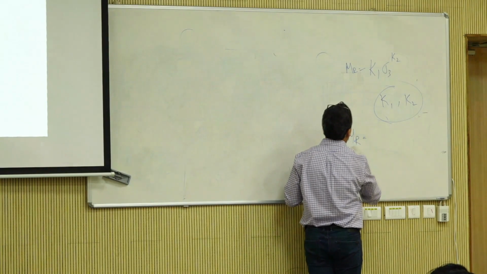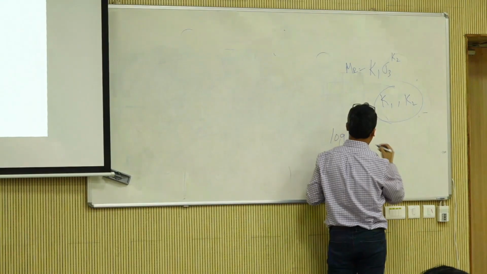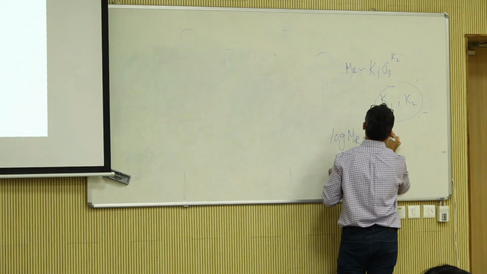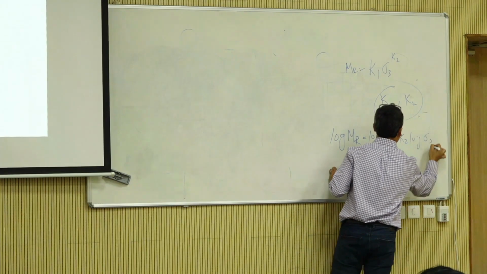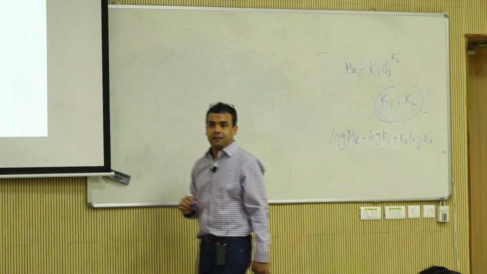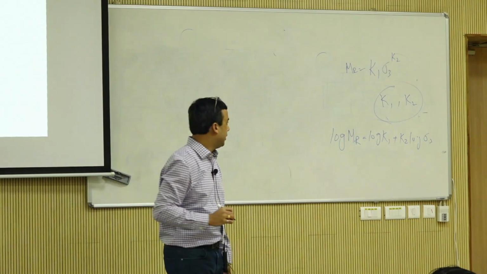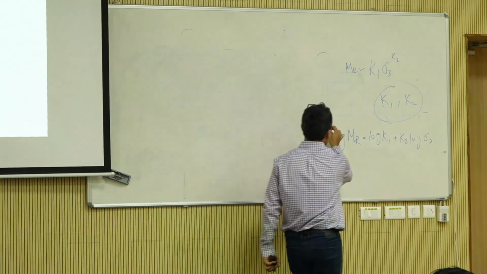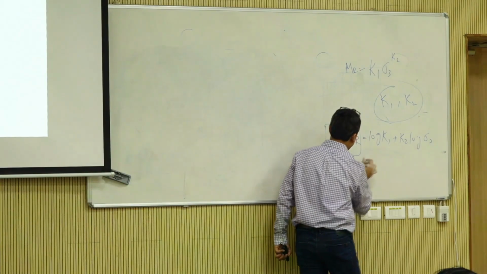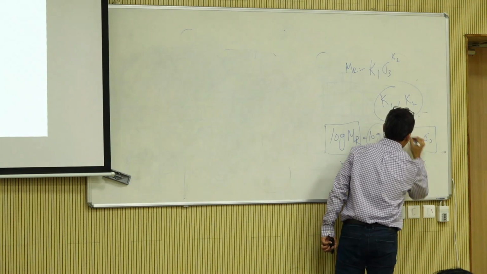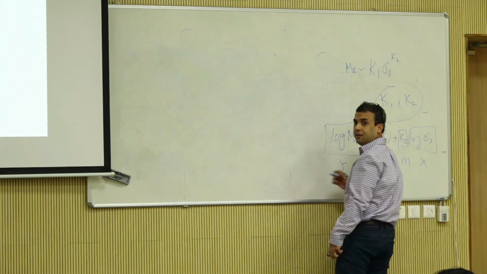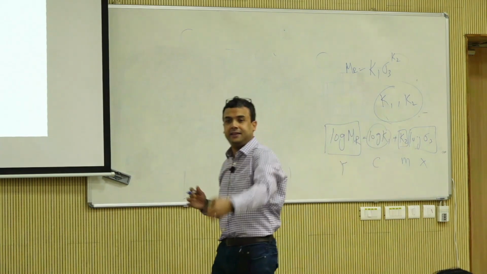Log MR is equal to log K1 plus K2 log sigma 3. That is y equal to mx plus c. This is c, this is x. That's what you are also saying, right? And then what do you do?